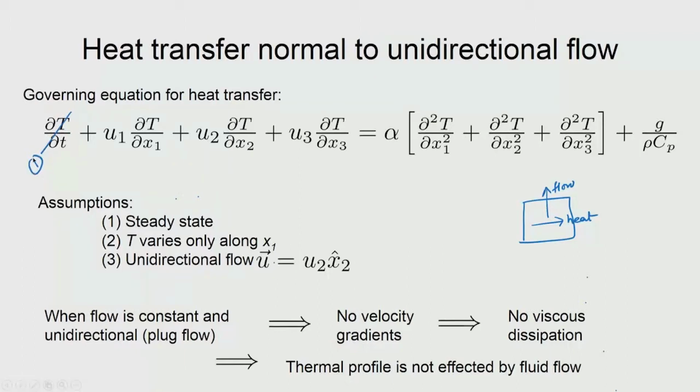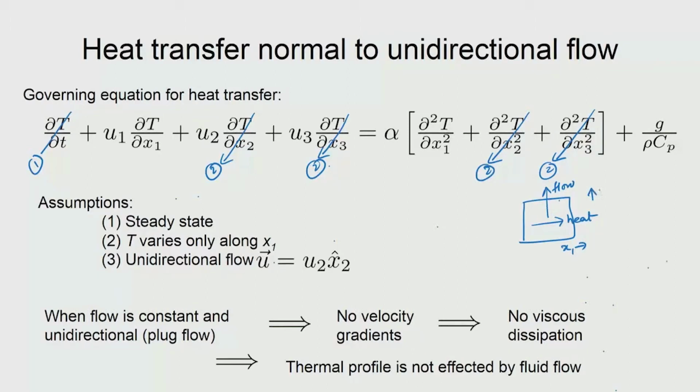If the temperature is varying along only the x1 direction, then you would not need the terms like this. All these are gone because of assumption 2. And then we say that the unidirectional flow is along the u2 direction.